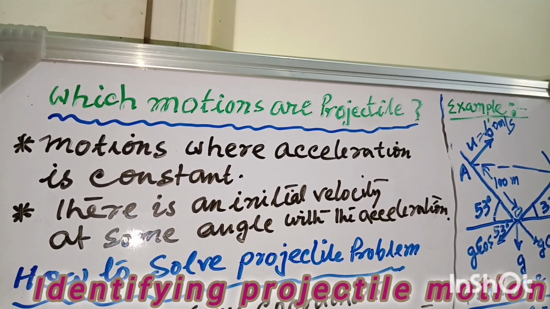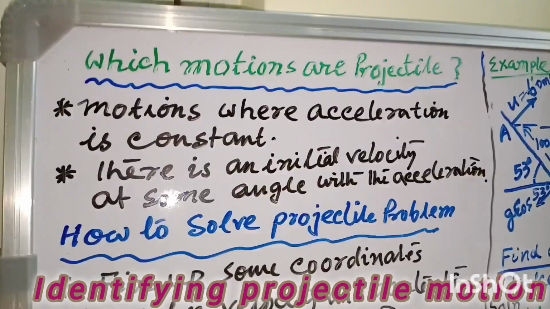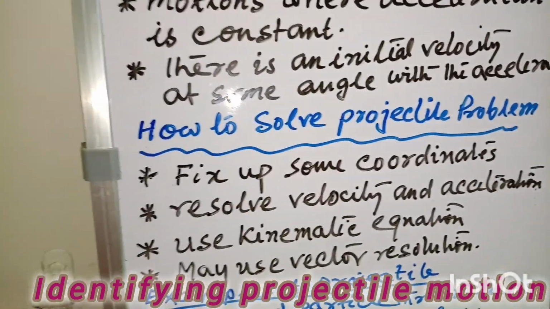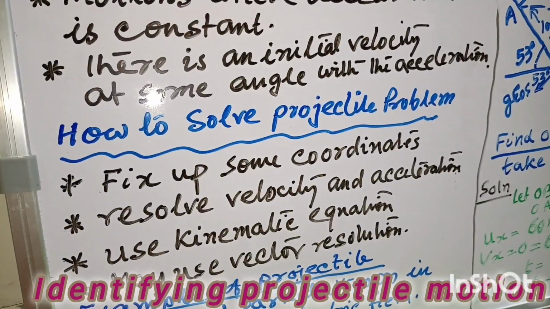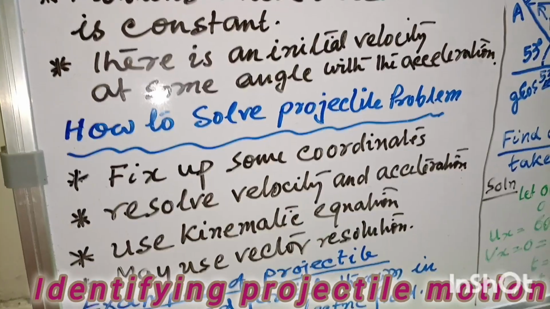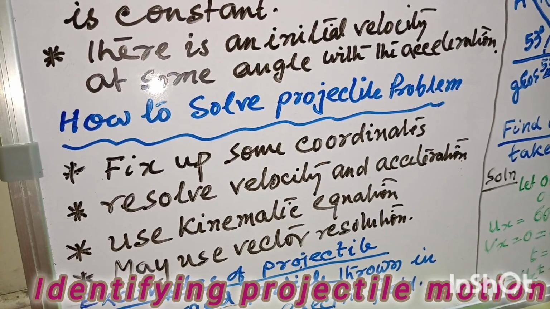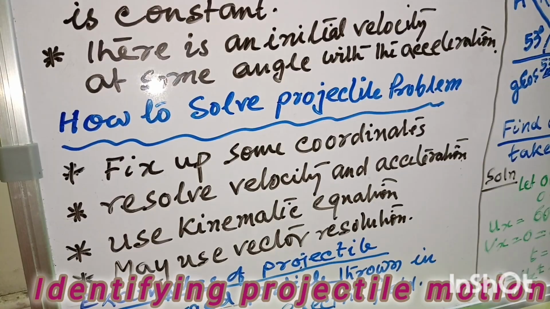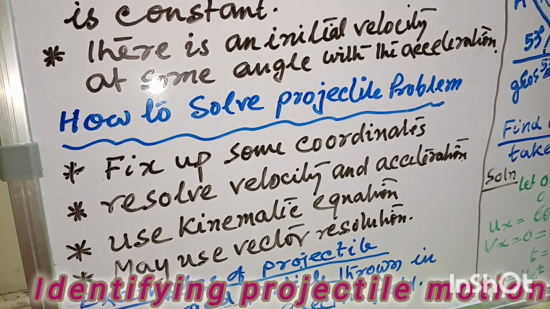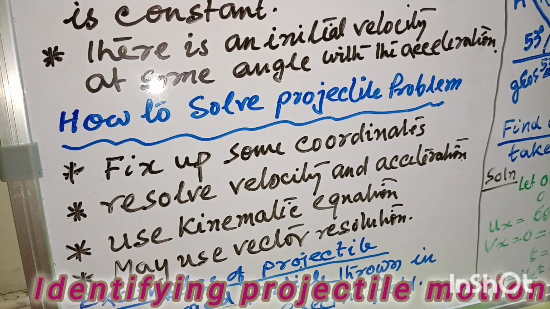Now the question is how to solve projectile problems. For solving projectile problems, you first fix some coordinates and choose them as x and y coordinates. Then you resolve the velocity and acceleration along the coordinates.